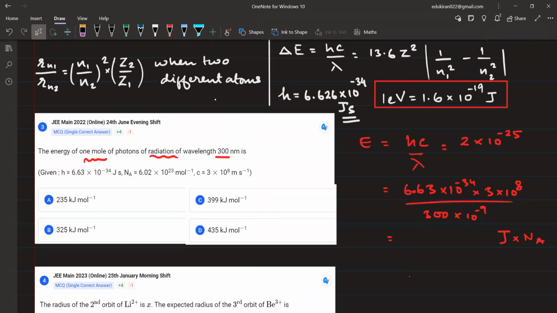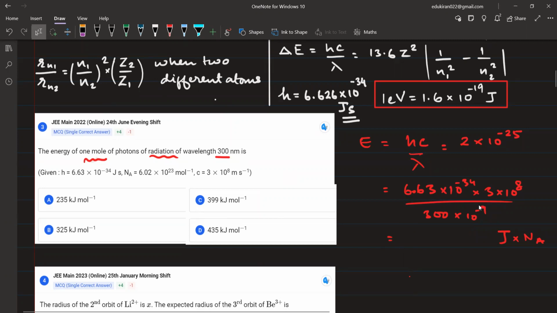Waiting for Priya. All of you multiplied it by 6.02 into 10 power 23, right? Yes or no, please tell me. How much is coming?